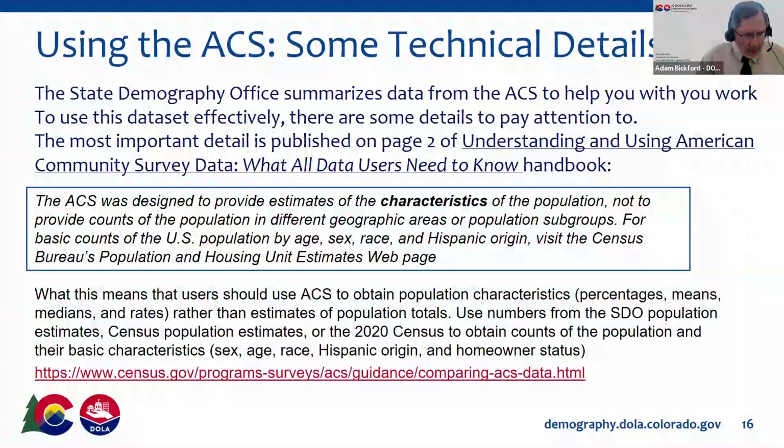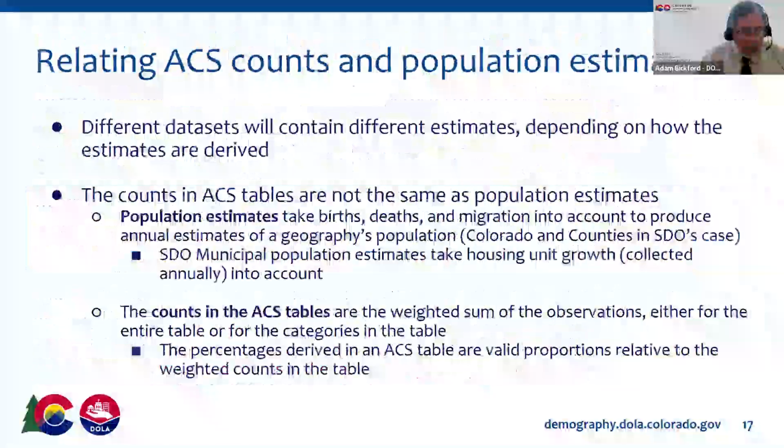Use the numbers from the SDO population estimates, the census populations, or whatever, to get counts. Don't use the totals from an ACS table as a count. And we'll talk about this in some detail right here.